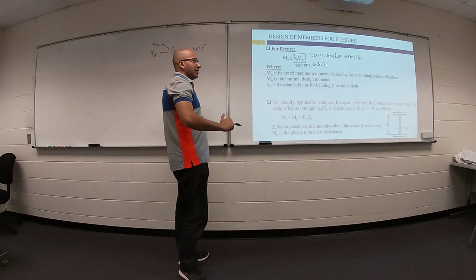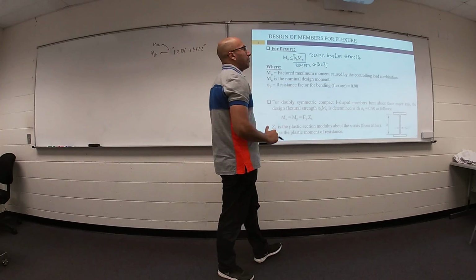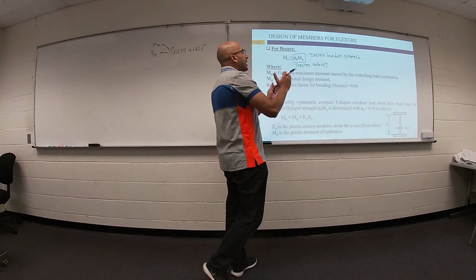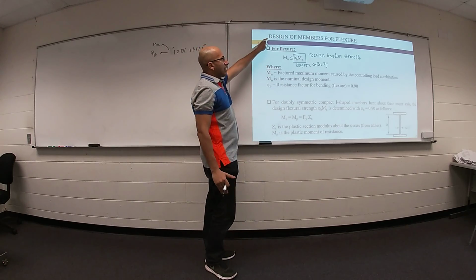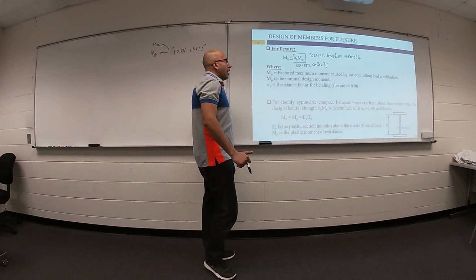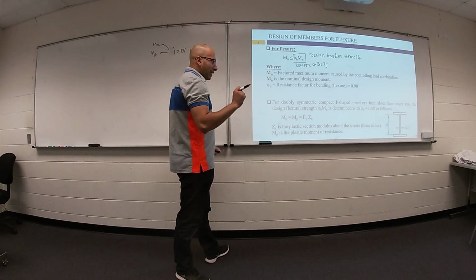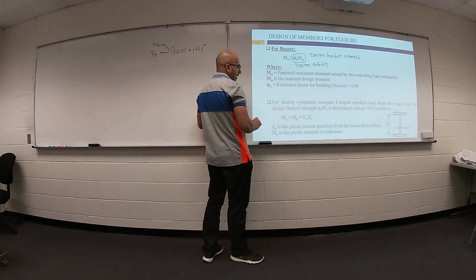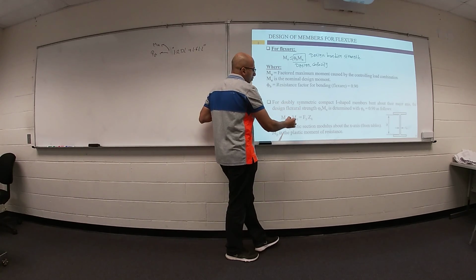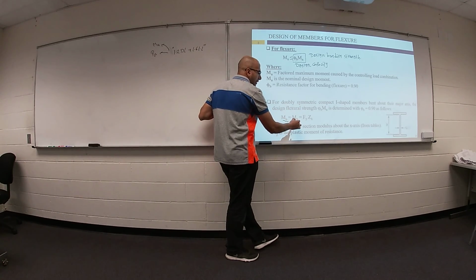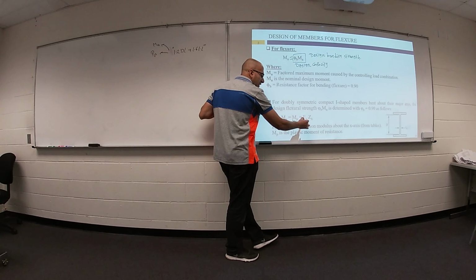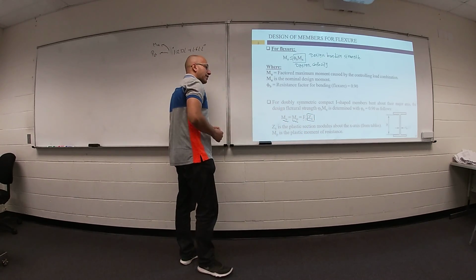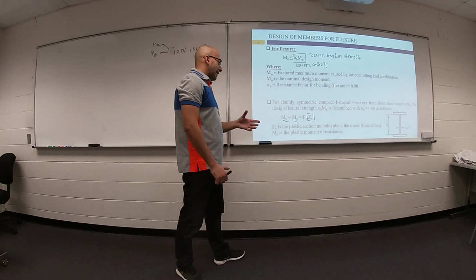Design tensile strength in tension members, design compressive strength in compression members and columns, design bending strength for design of beams. The simplest method: your nominal moment first equals the plastic moment, equal to F yield times Zx. Zx is a section property, you can get it from a table.